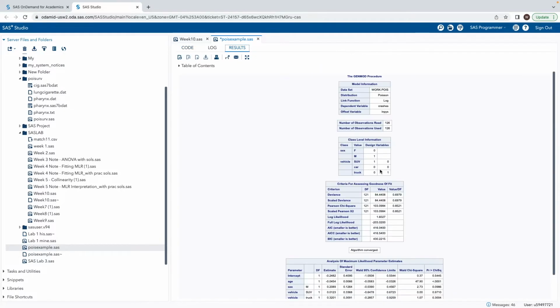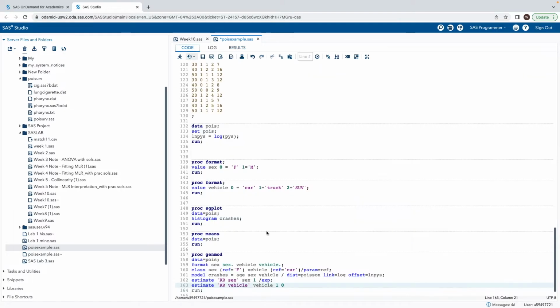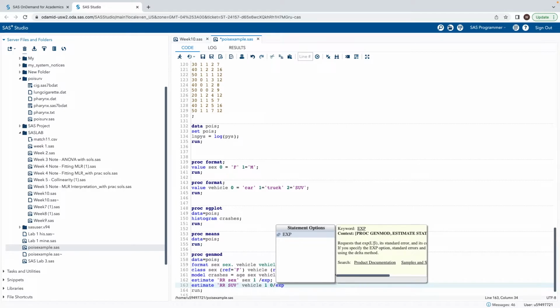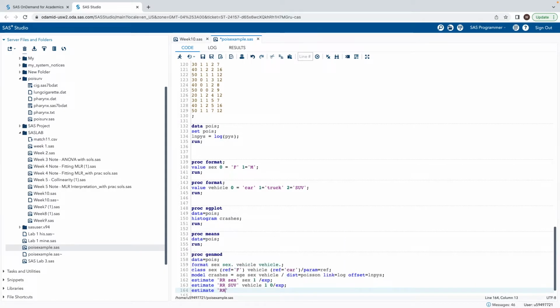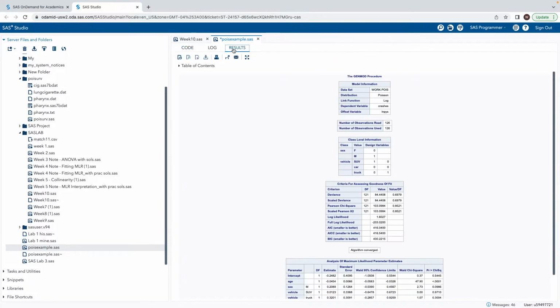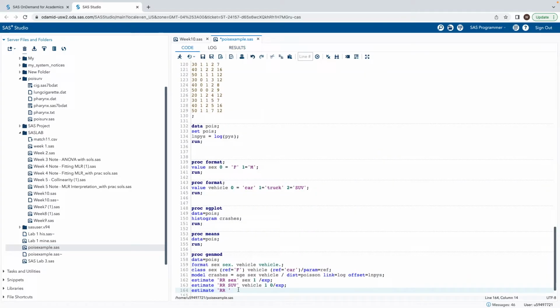Which one was 1 0? Okay, SUV is 1 0, so we can put SUV, and then truck.